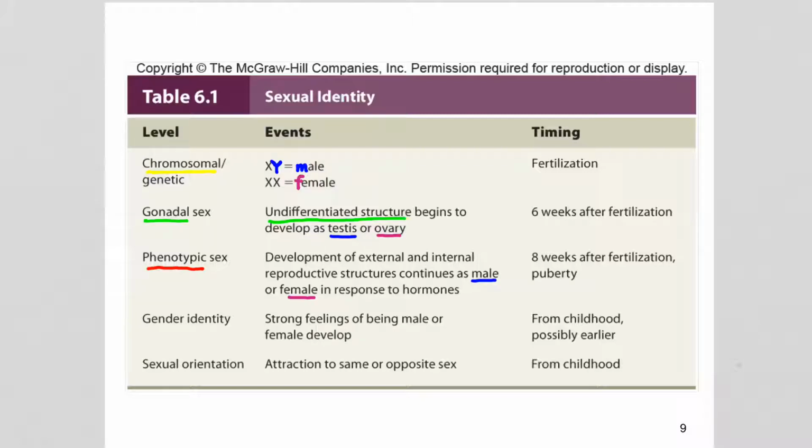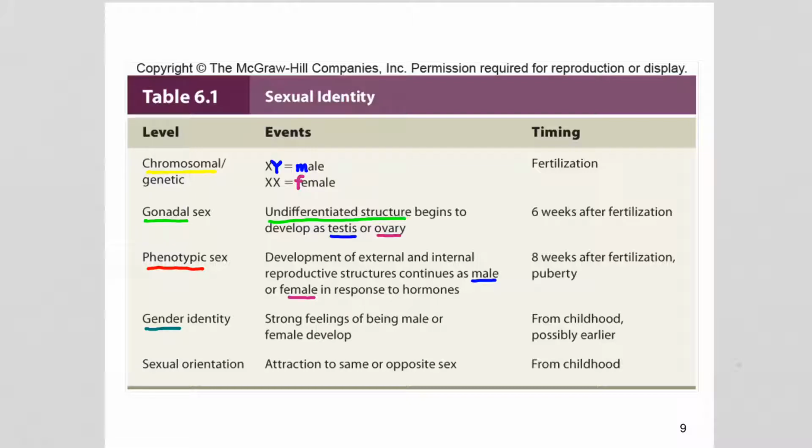And this happens about 8 weeks after fertilization, when the tubal structures are predetermined finally to specialize and be present as either the vas deferens or our oviduct. But it continues through puberty, as these hormones are really critical to the reproductive cycles of both sexes. And we've learned about that in the meiosis chapter.